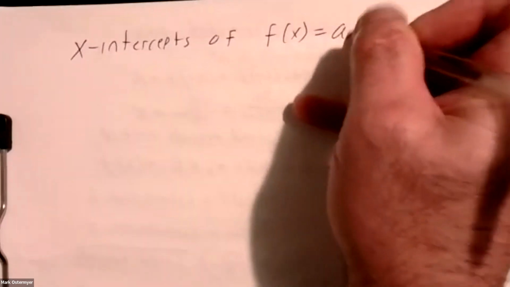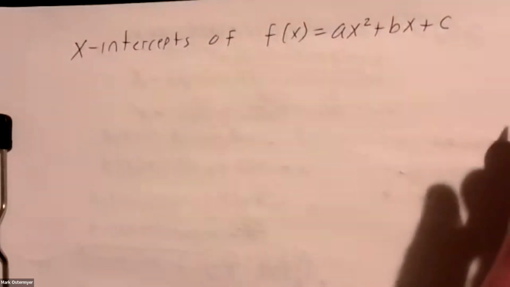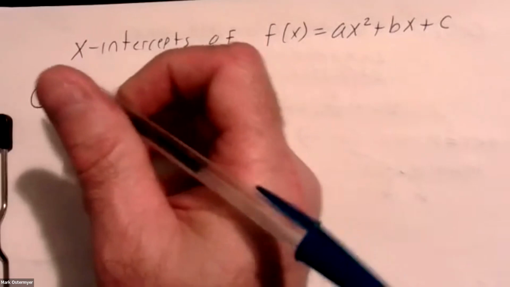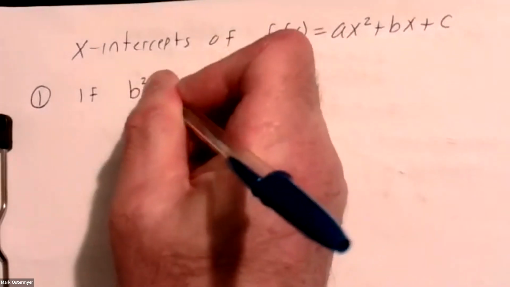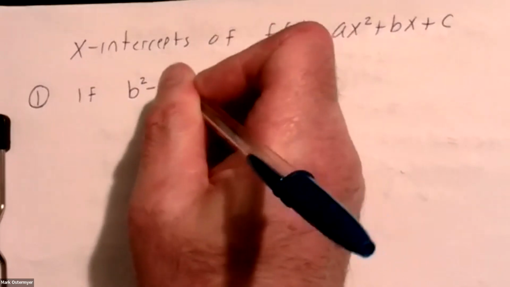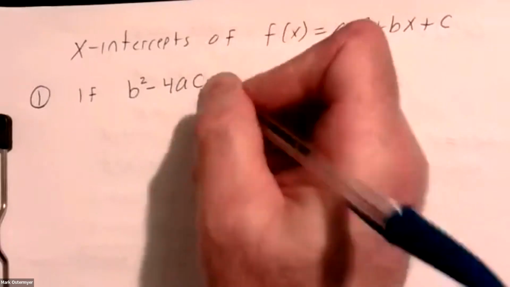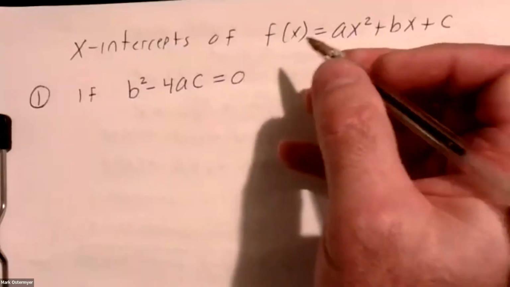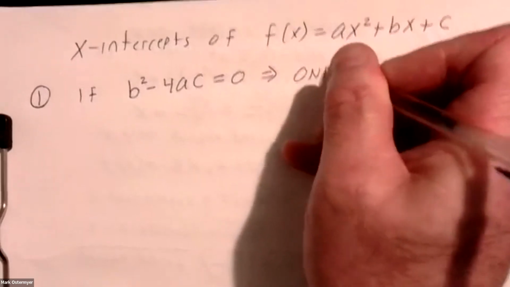So in general, what are the 3 possible scenarios for x-intercepts for a quadratic function? Well, one possibility is this. If, ladies and gentlemen, the discriminant of this quadratic function, which is b squared minus 4ac, of course, the quantity underneath the square root of the quadratic formula, is equal to 0, then this would imply that we're going to have only one x-intercept.